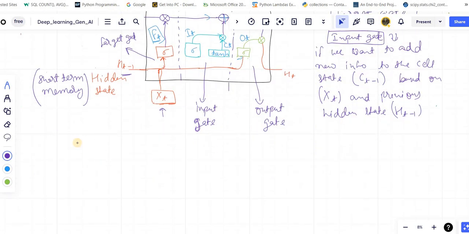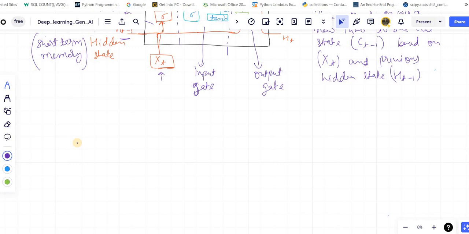So actually this input gate works in 3 stages. And now what is the first stage? To calculate Ct hat. And what is this Ct hat?